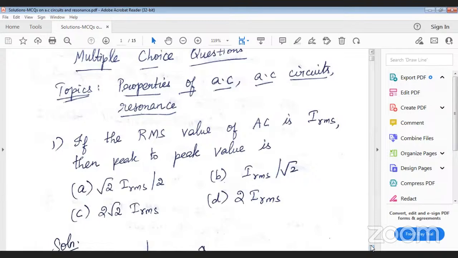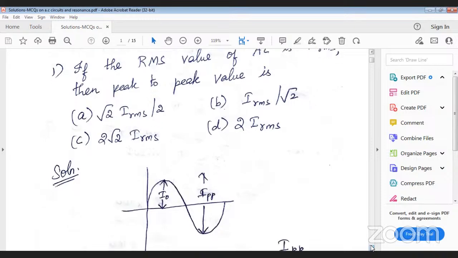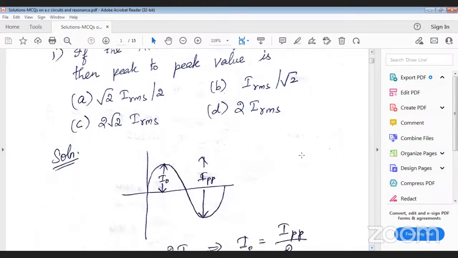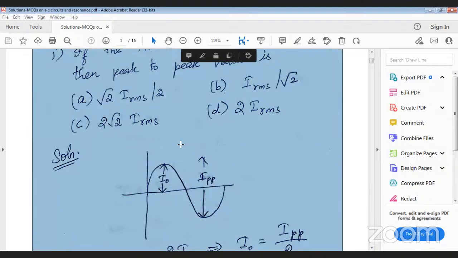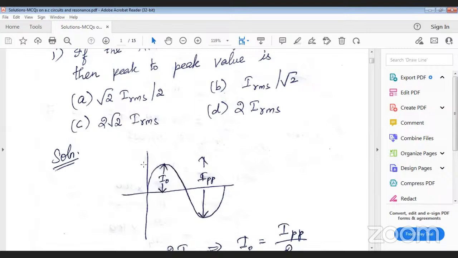First of all, we need to understand the meaning of peak to peak value. See the graph. This is the positive half cycle, and I naught is the amplitude of the current. The peak to peak value is from here to here.